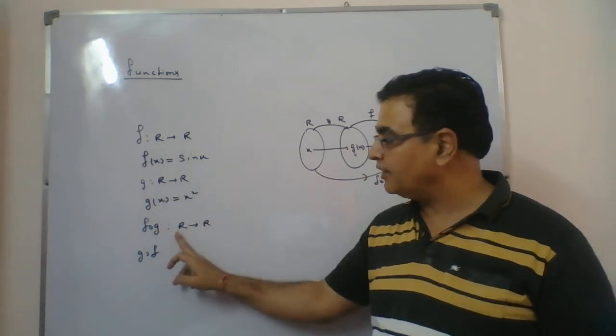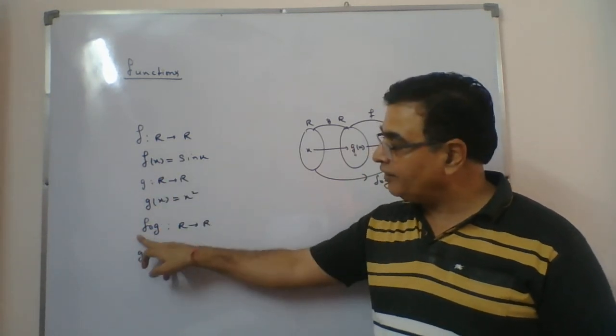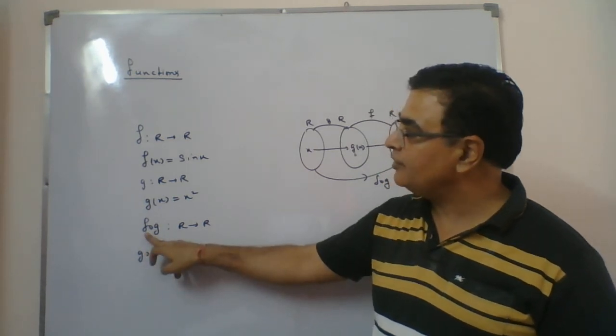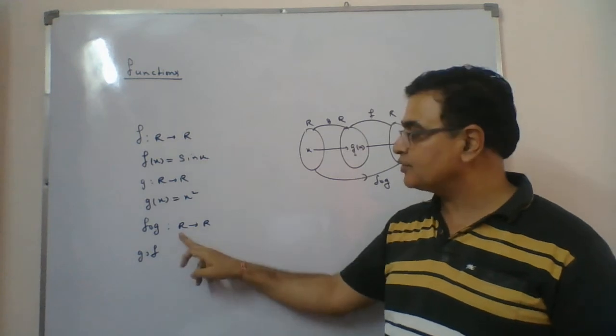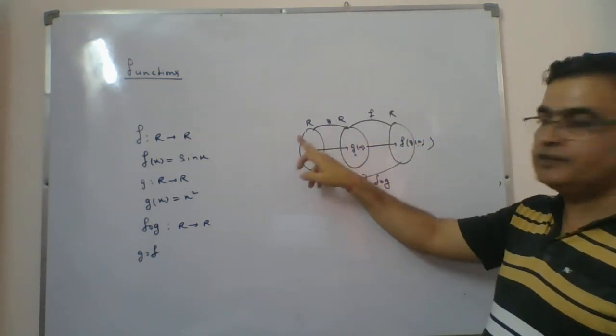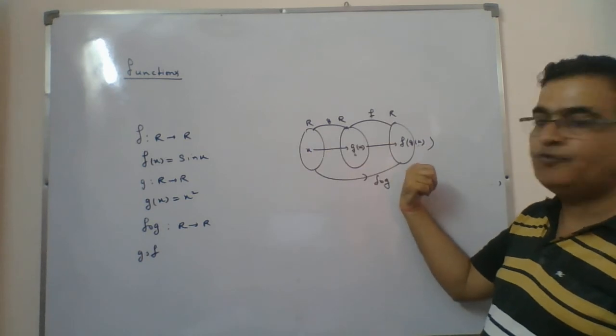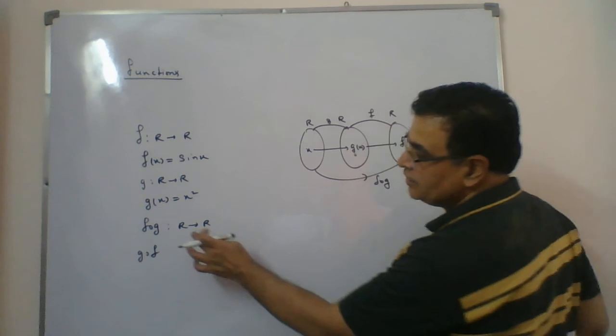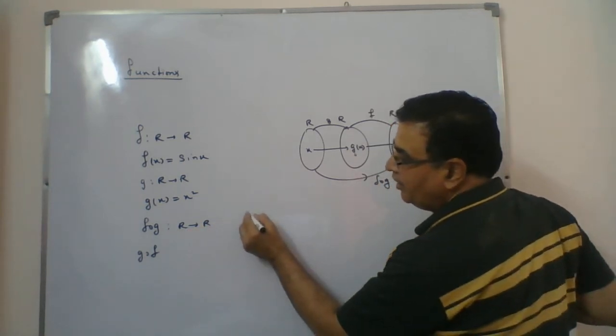It's all the real numbers here. Then whatever the second function, I'll take its codomain. The second function is f. It is again real numbers. So it will go from real to real. Whatever the first function's domain and whatever the second function's codomain, from there to there the function will go. f composition g, R to R.